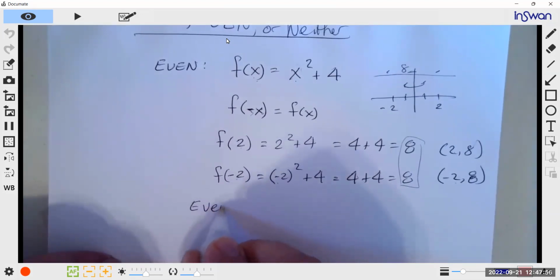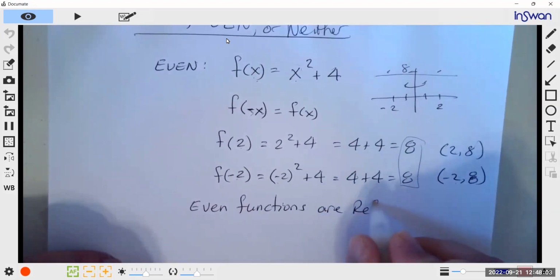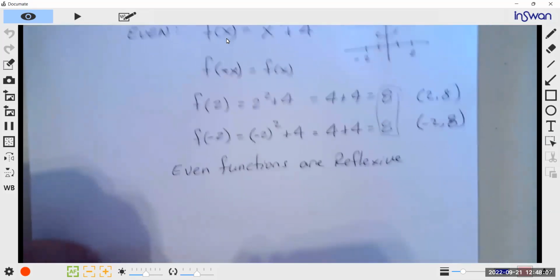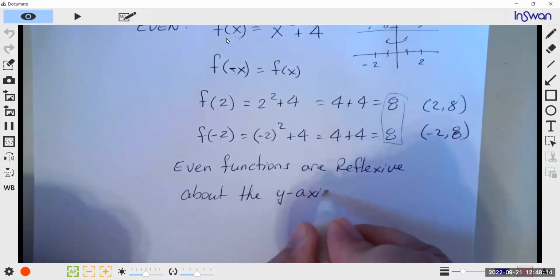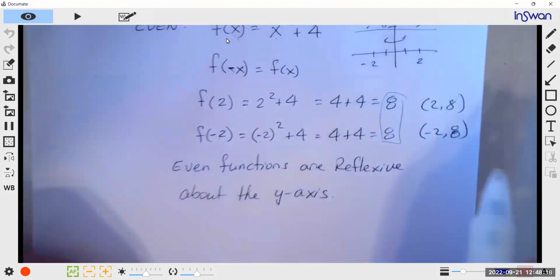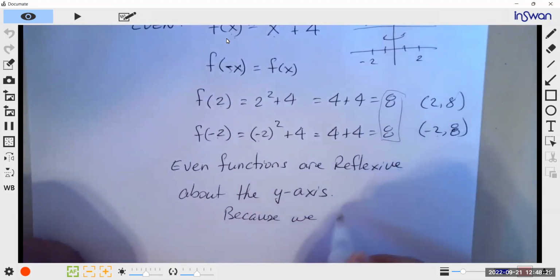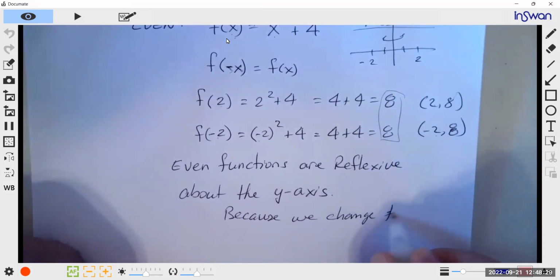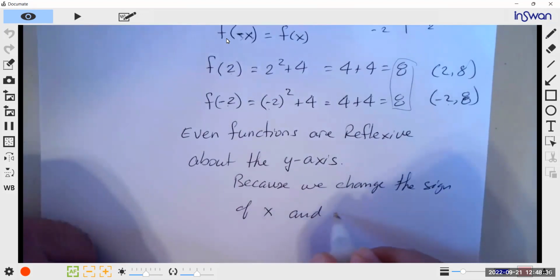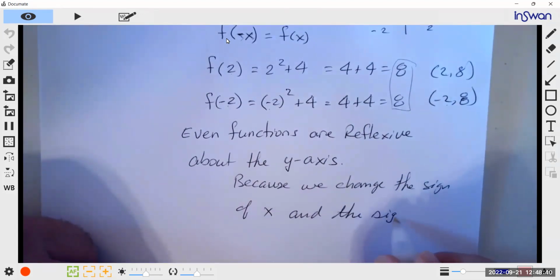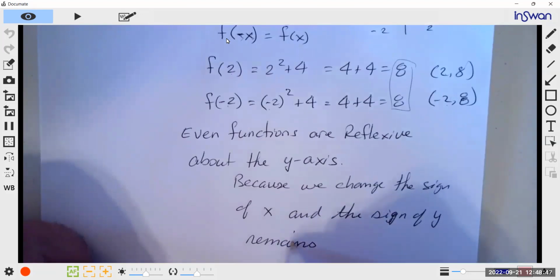So even functions are reflexive about the y-axis, because we change the sign of x and the sign of y remains the same.